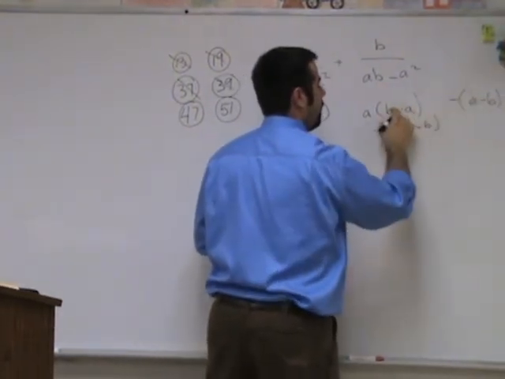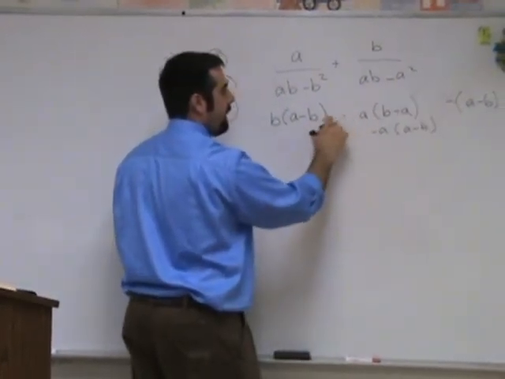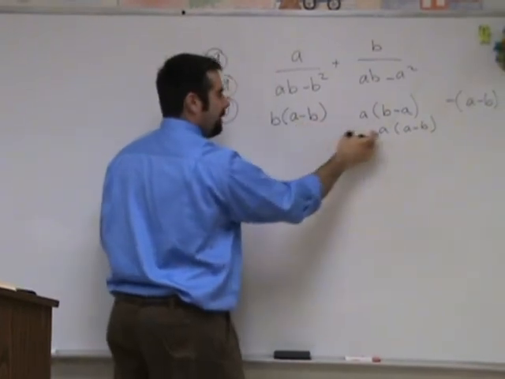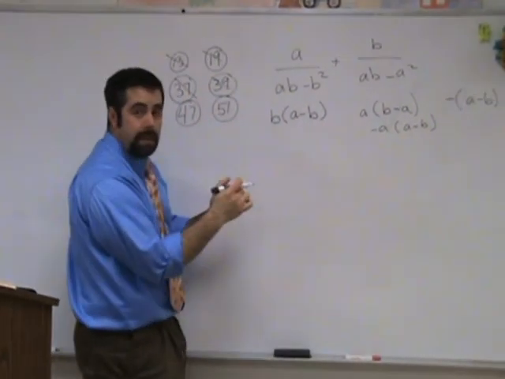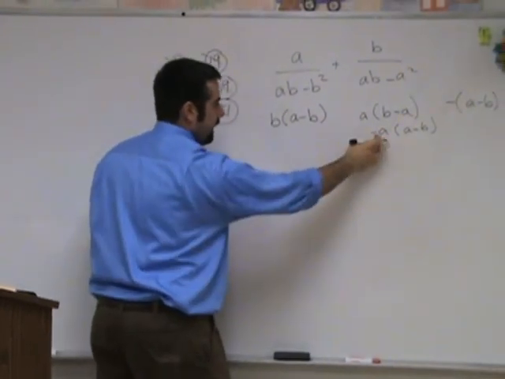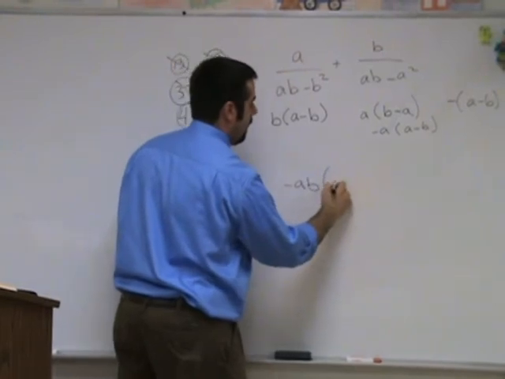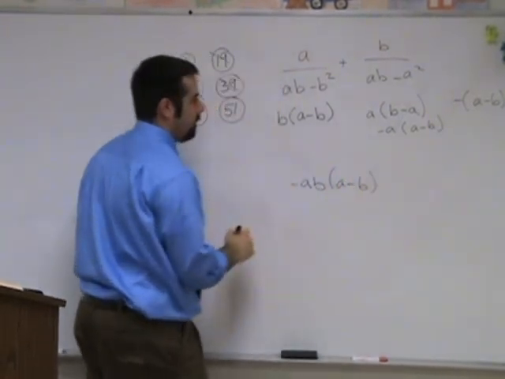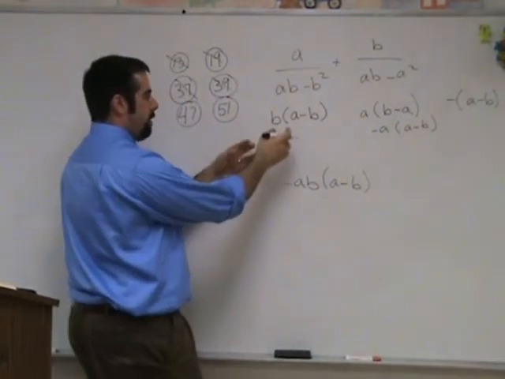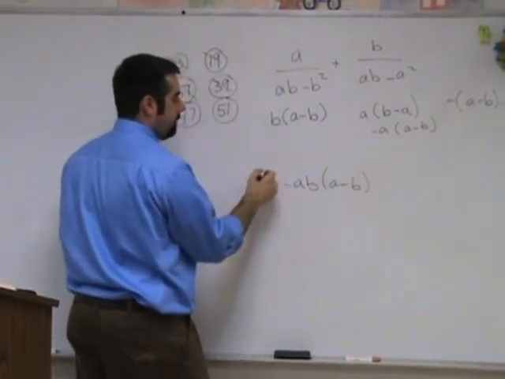These are equivalent. So I take that negative and put it on the a, and now I have that a minus b term that's the same. So my denominator has a negative a, a b, and an a minus b, which is all the terms there. So I have the common a minus b, I've got a b and a minus a.